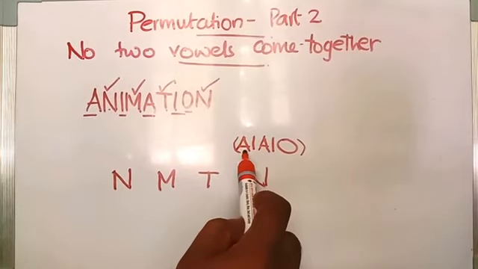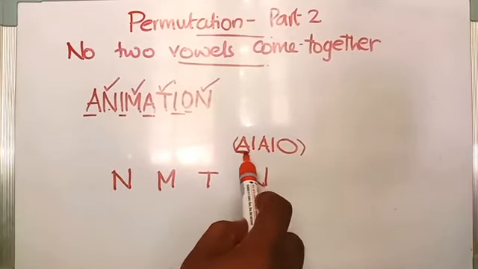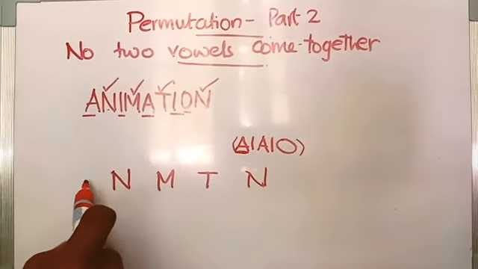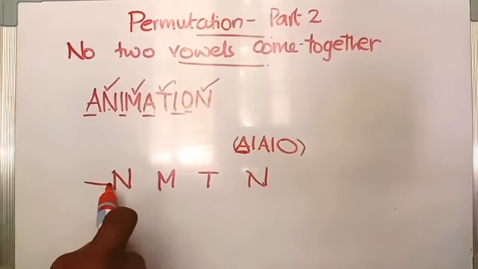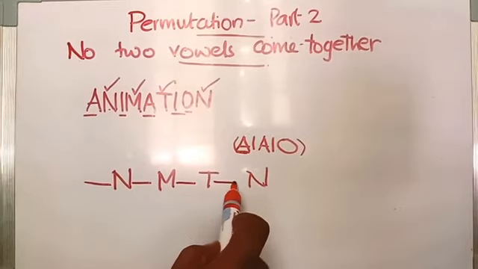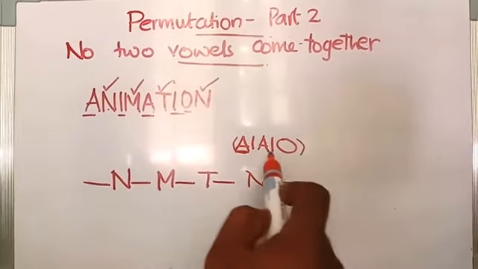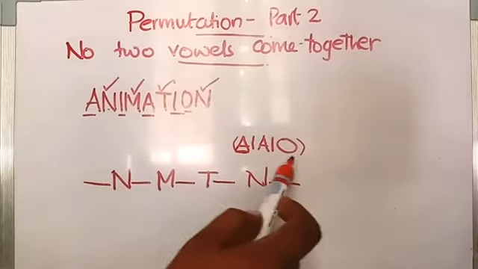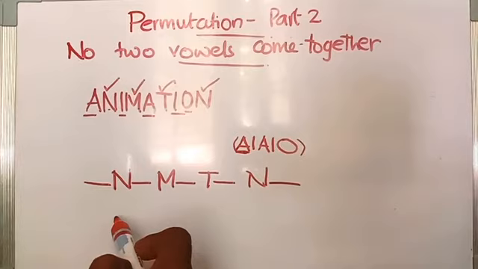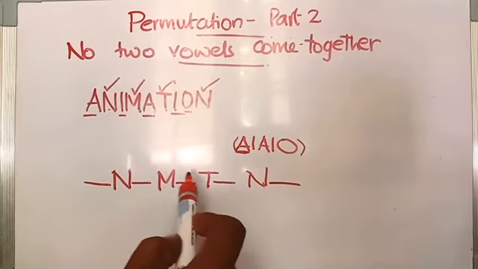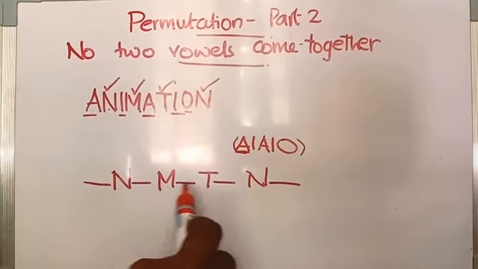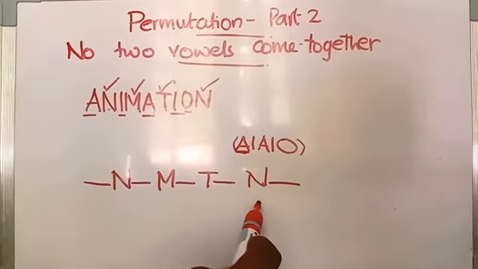Okay, now suppose let's take the vowel A. It can take any of these places, maybe before N, after N, after M, after T, or after N. Now if you arrange these vowels here, they never come together. Am I right? They never come together. Like for example, first let's make the arrangement of consonants.